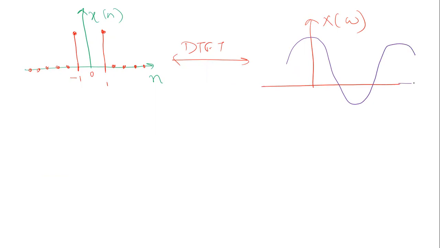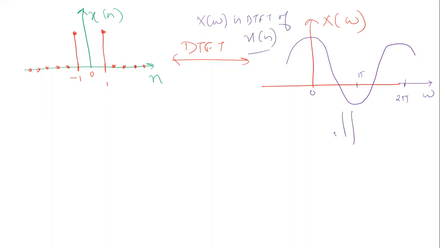Okay, so this is your omega, and this is, let us say, 2 pi, and then this is pi, and then this is 0. So this is the DTFT of xn. We'll write x omega is DTFT of xn.